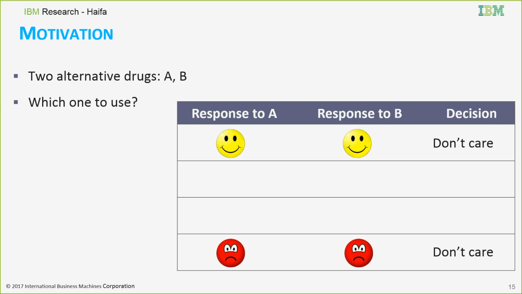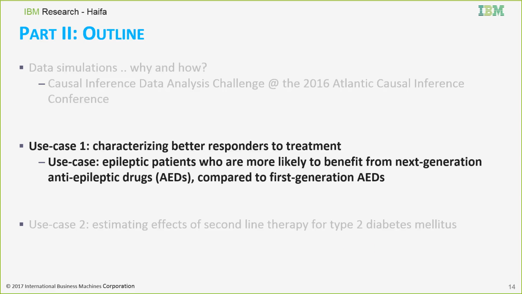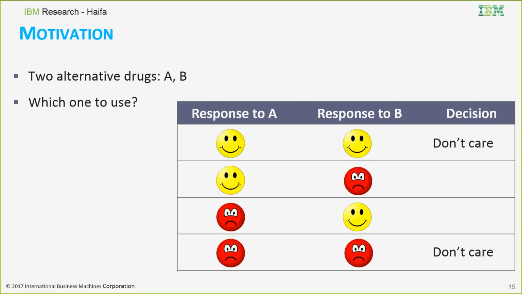In both cases, we don't really care, or the patient shouldn't care which one we use for the patient. And then there are these 2 other scenarios where one of the treatments is actually better for the patient compared to the other, and we would like to give patients in the second row treatment A, in the third row treatment B, as these treatments would result in better outcomes.